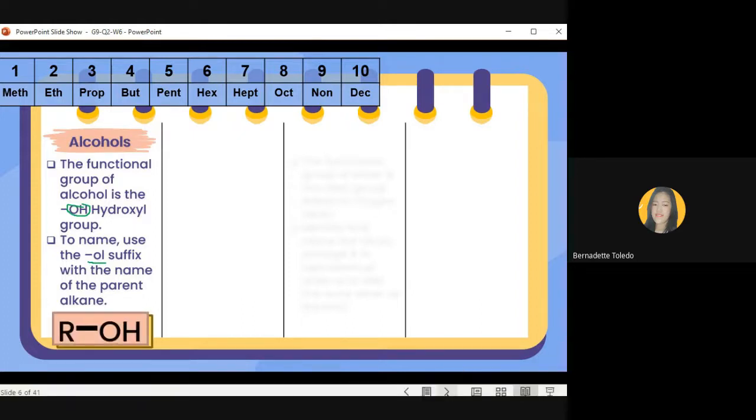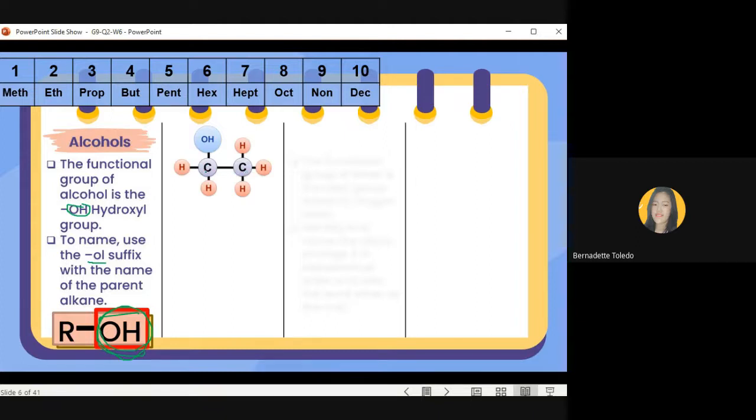So let's say for example we have this one. Remember that the functional group of alcohol is the hydroxyl. So if you observe a carbon chain connected with OH, that compound is considered an alcohol. Now in our example, we have here two carbons.